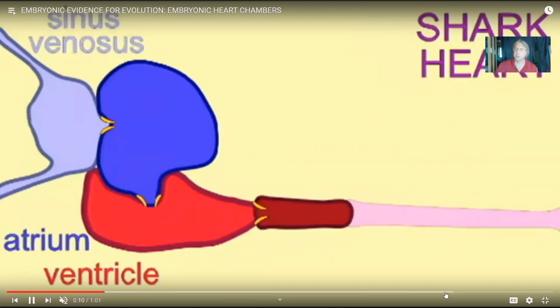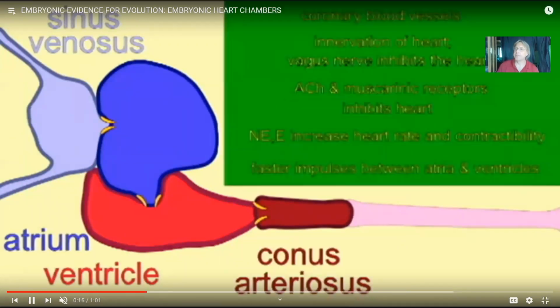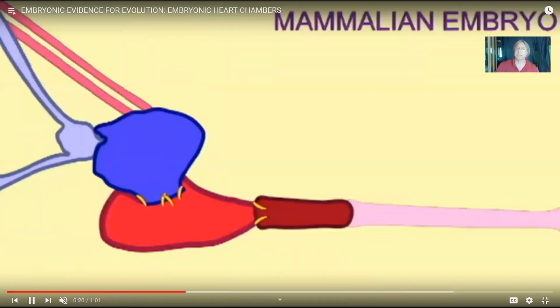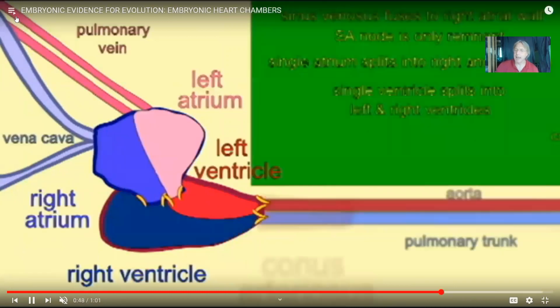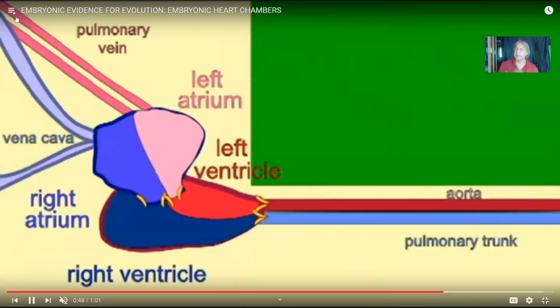Now, when one looks at the developing heart in a human embryo, one finds a sinus venosus, a single atrium, a single ventricle, a single truncus, or conus arteriosus. And so the human heart begins its embryonic development not as a miniature human heart, but as something that looks like a fish heart with the same chambers.